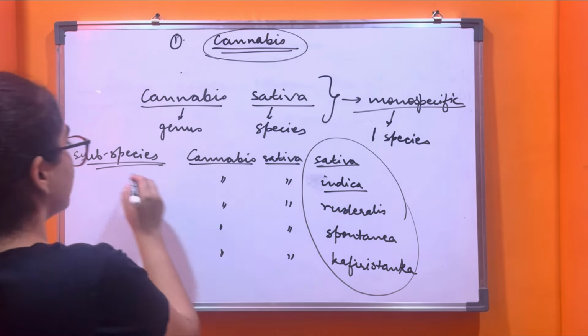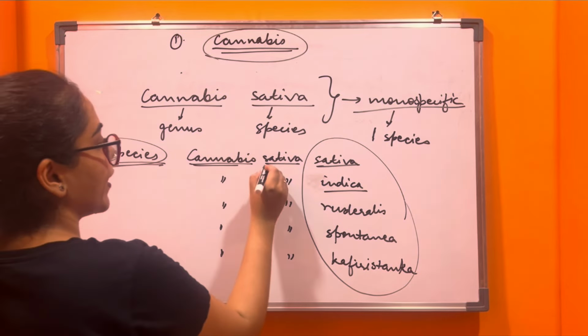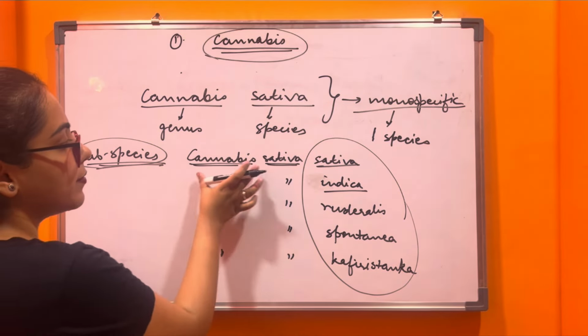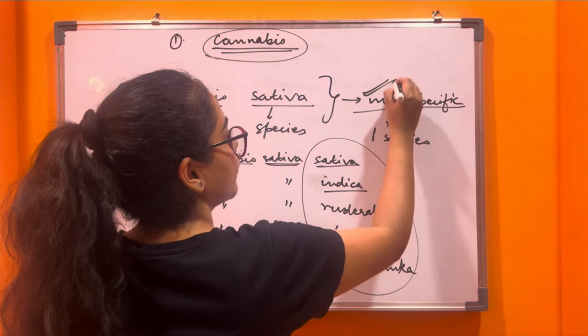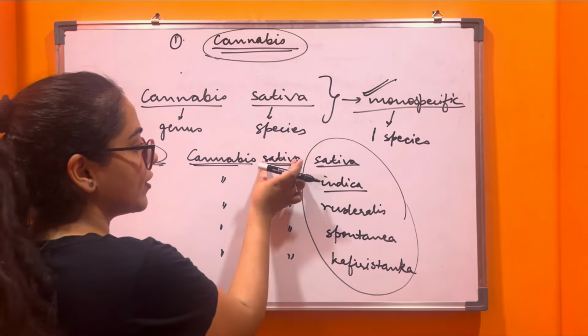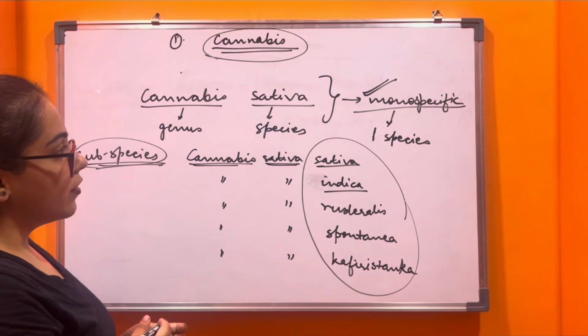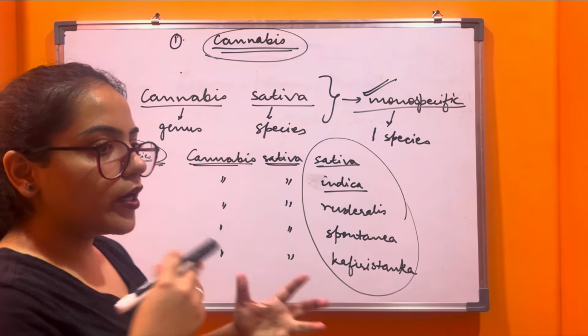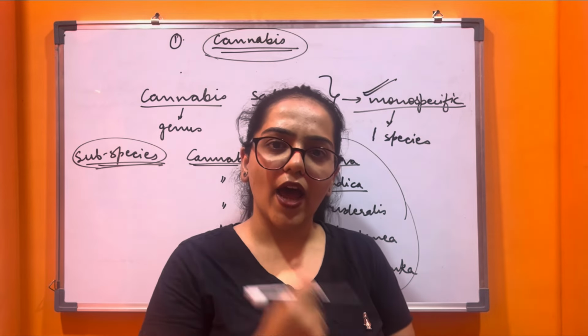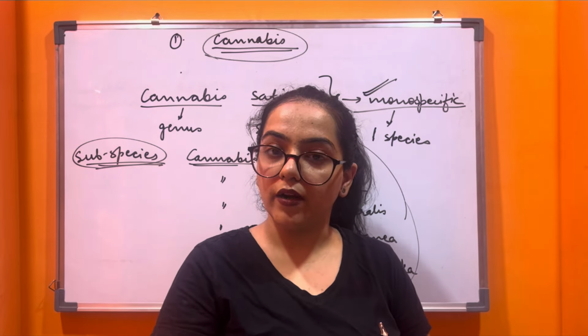These are all the subspecies of the plant Cannabis sativa, but the plant is monospecific in nature, meaning it has only one species, but there are several subspecies. Now we are going to see what the major active principal component of this plant is.